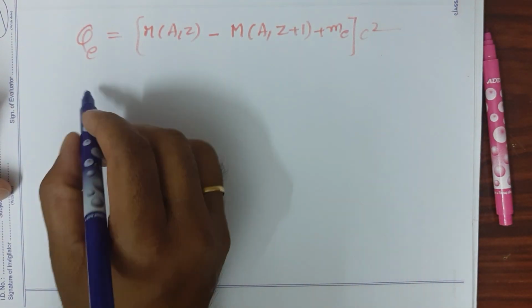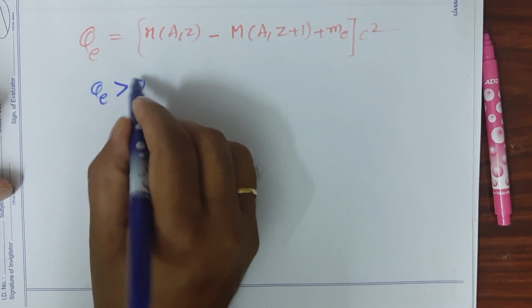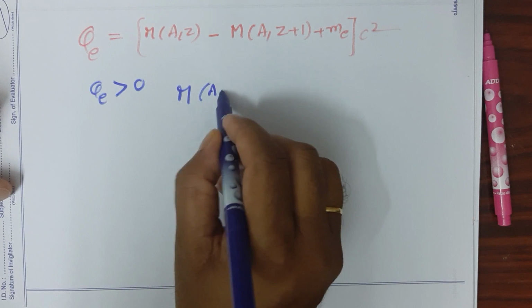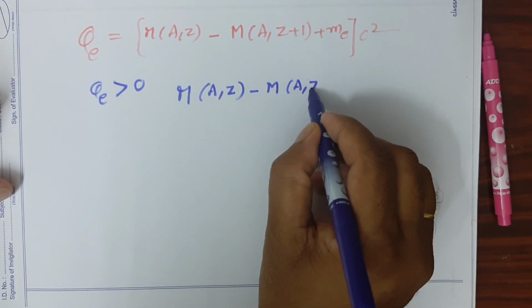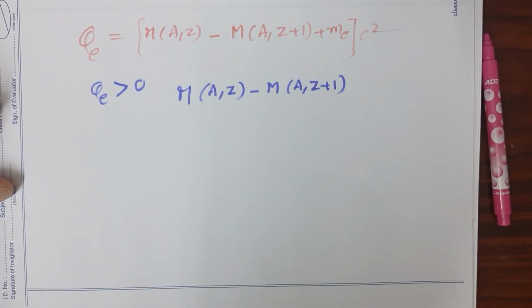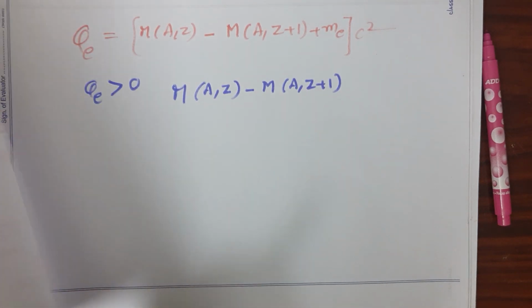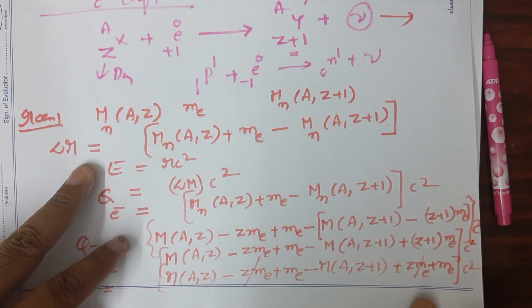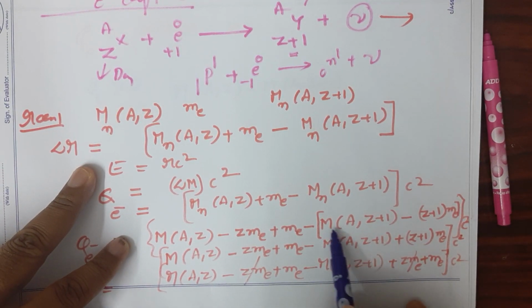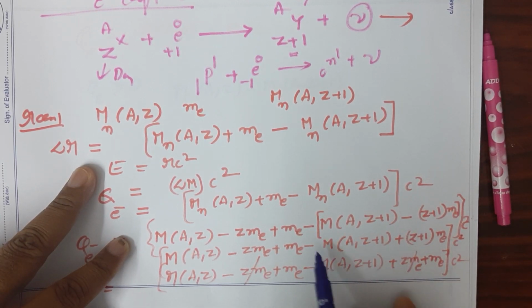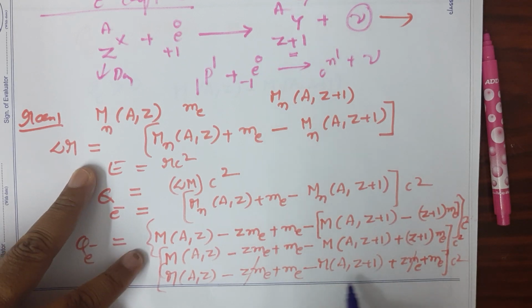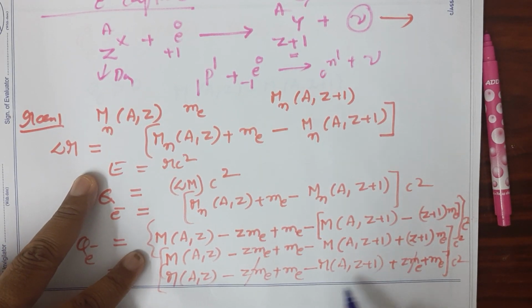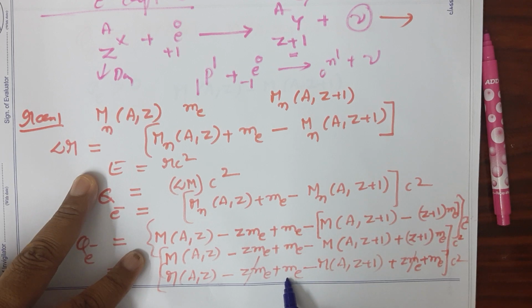So from this, when QE is greater than 0, we can write M of AZ minus M of AZ plus 1 plus Me greater than 0, right?